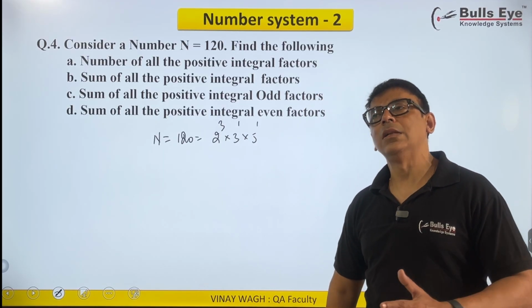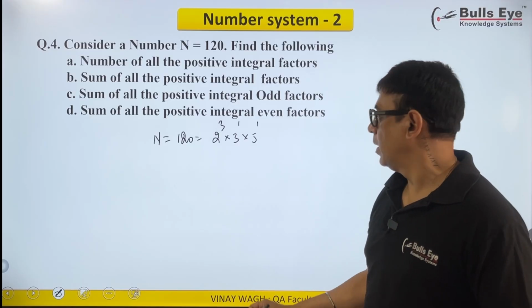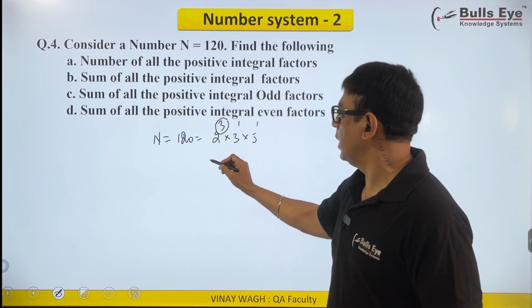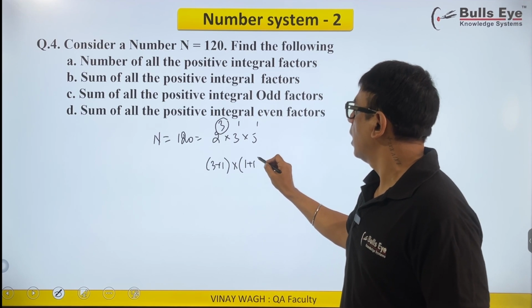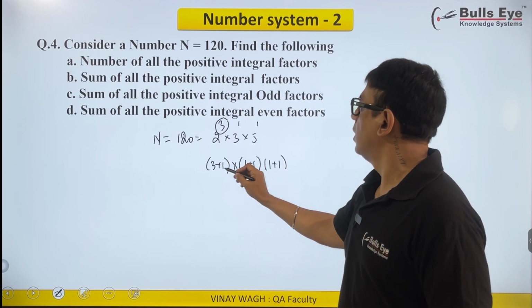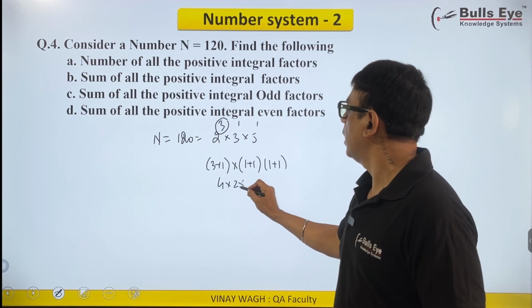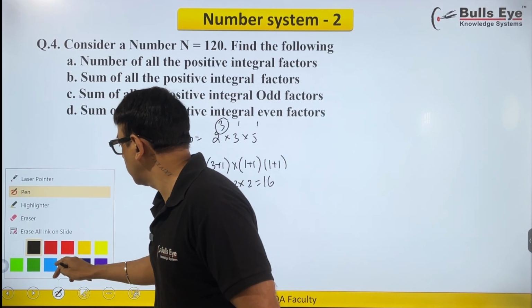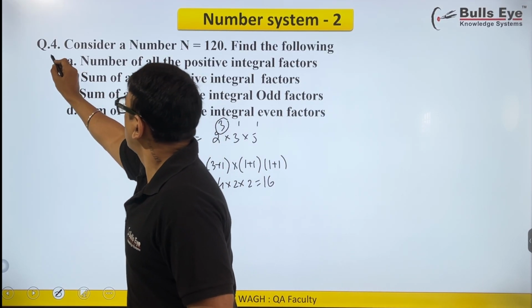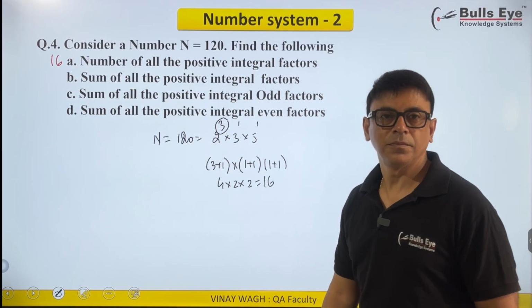Once you break it into a string of prime numbers, simply add 1 to each index, and this is 4 into 2, 8, 8 into 2, 16, the number of factors of this. So the number of factors of 120 is 16.